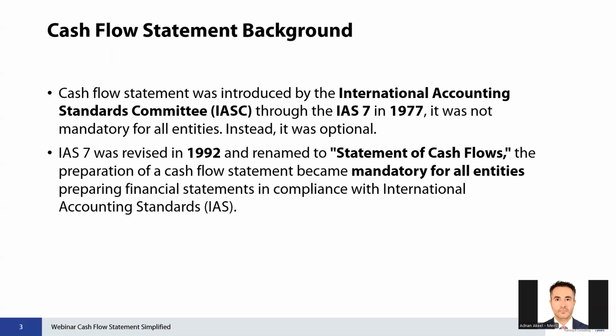When the standard was updated in 1992, and even the name changed to Statement of Cash Flows, it became mandatory for all companies that are adopting IFRS. At that time, it was called IAS, International Accounting Standard, and later on in early 2000, it was renamed as International Financial Reporting Standard, the IFRS.